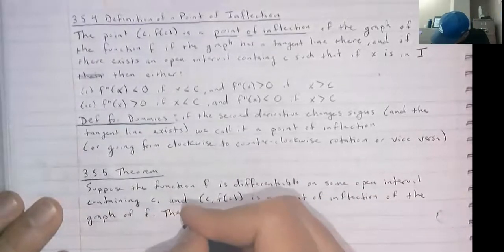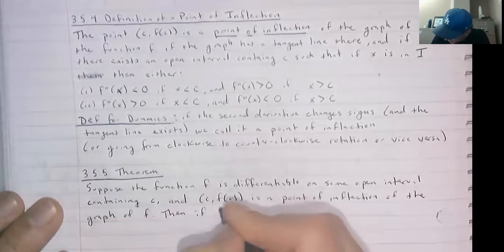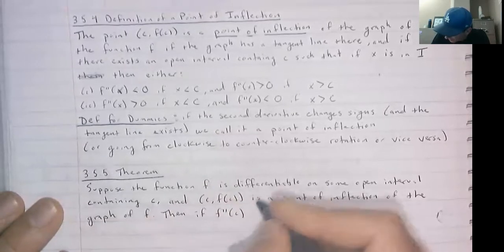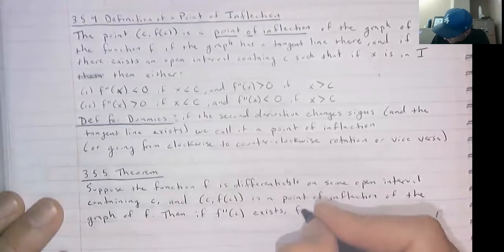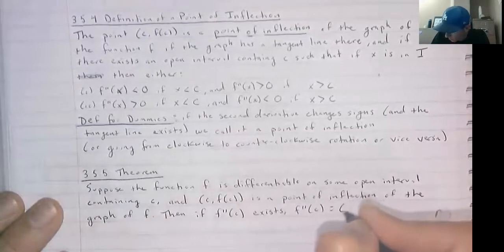Then, if the second derivative exists at C, then that second derivative is equal to 0.